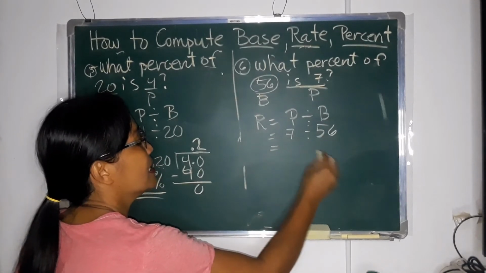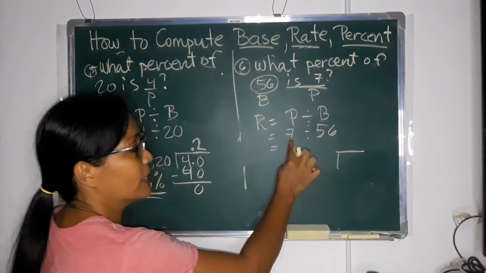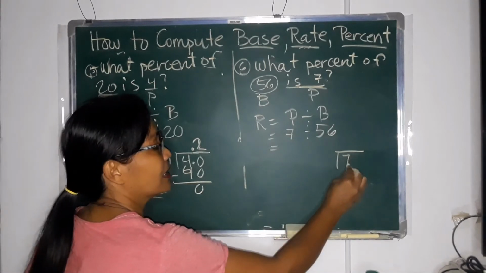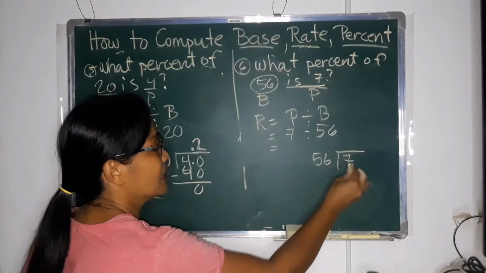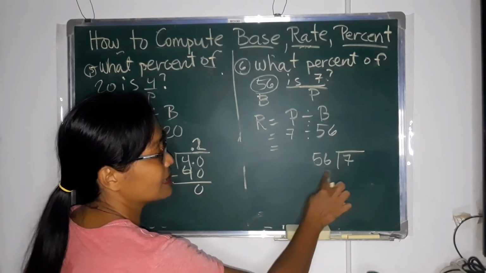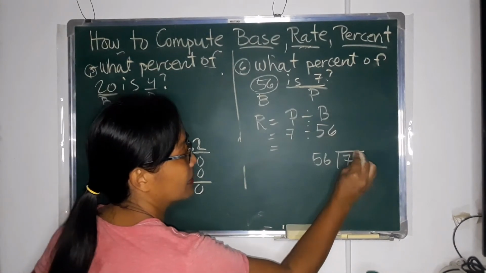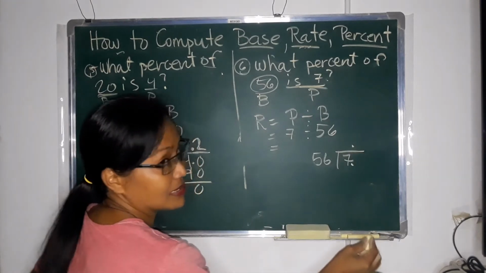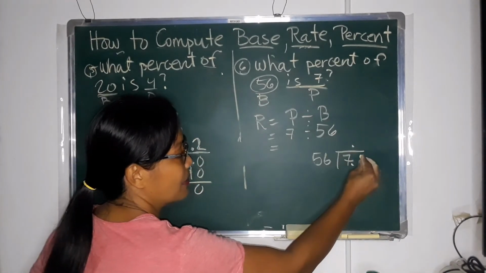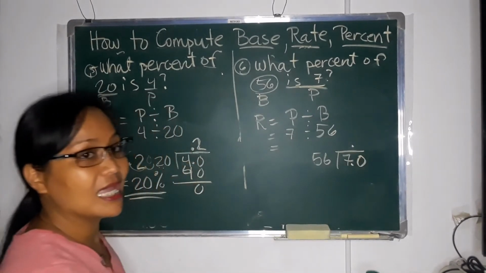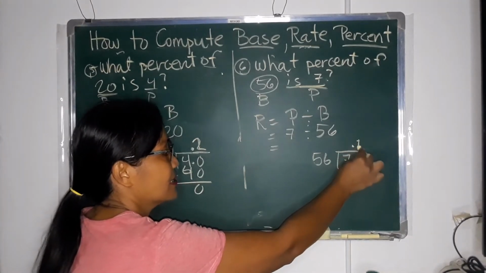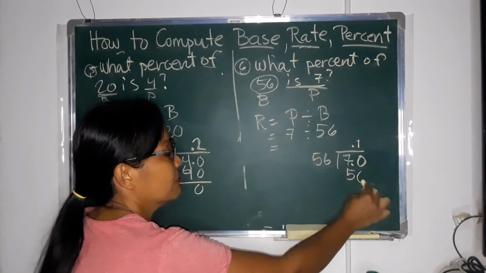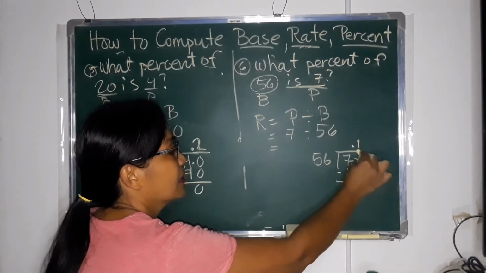So, again, kung mag-divide, kung ano yung naunang number, yun ang nasa loob. Yung pangalawang number ang nasa labas. Kung mas maliit ang nasa loob, hindi pwedeng i-divide, maglagay ng decimal dito, at ganoon din sa labas. So, mag-borrow na ng kahit ilang 0. So, 70 divided by 56 is 1. Then, 56 subtract.